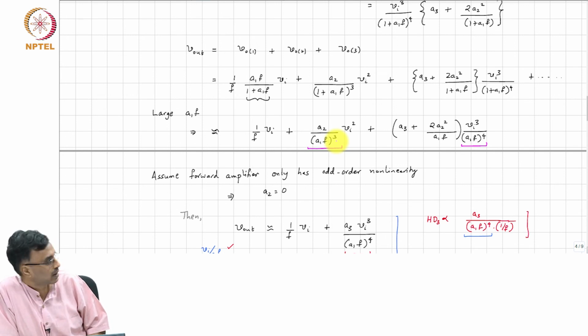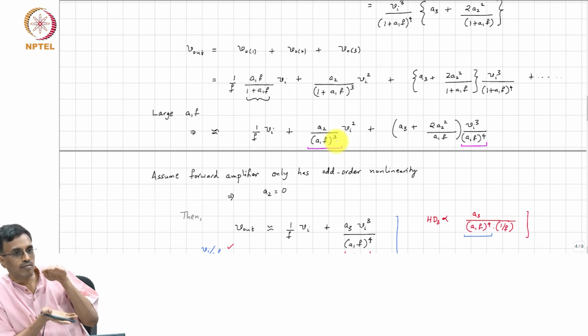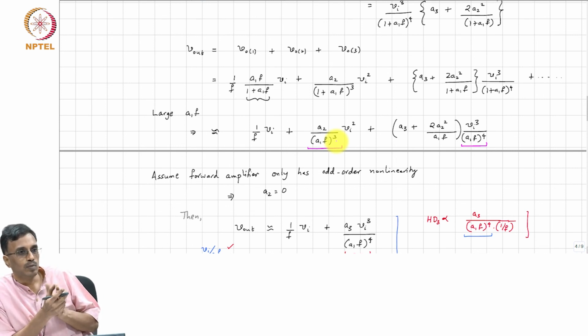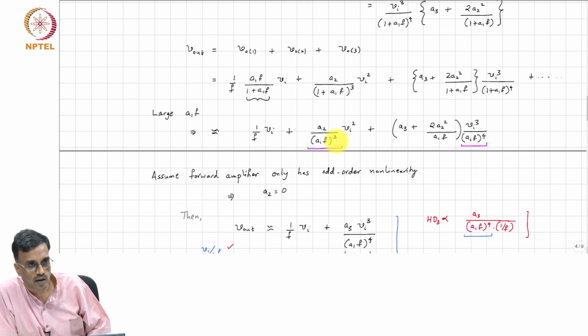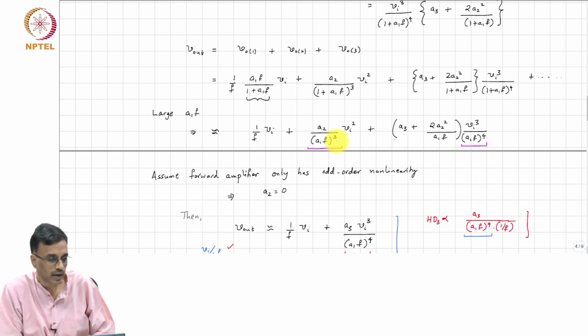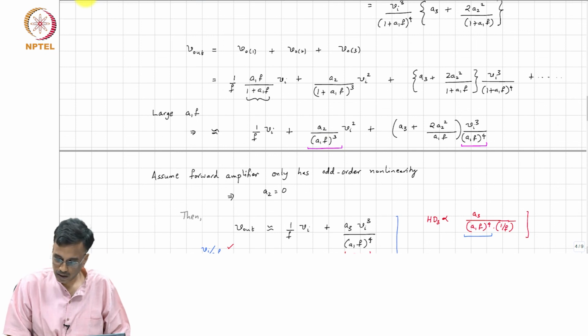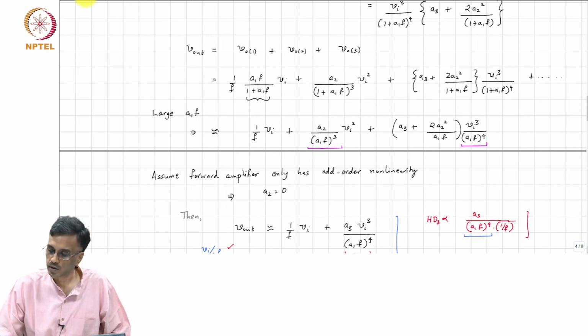Though you would expect, if you simply went by the argument of a smaller swing, to get only 1 by F squared, you get 1 by F the whole cube. So, with that we will stop today, we will continue in the next one.